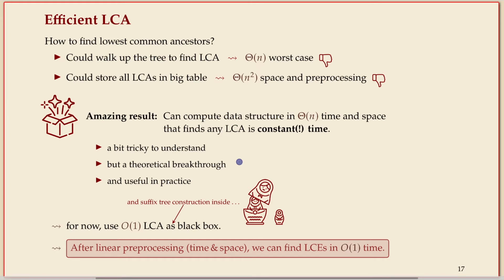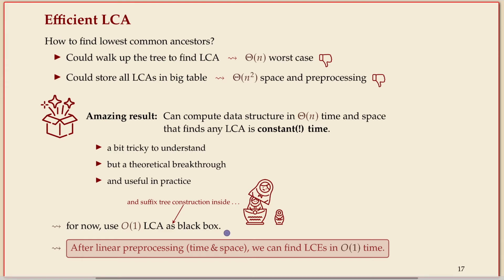It's just combining them all together in the right way took people quite a while. And this will be part of the most practical and useful implementation of suffix trees. So this will not make sense to you at this point. It is useful in practice. Let me just promise this at this stage.